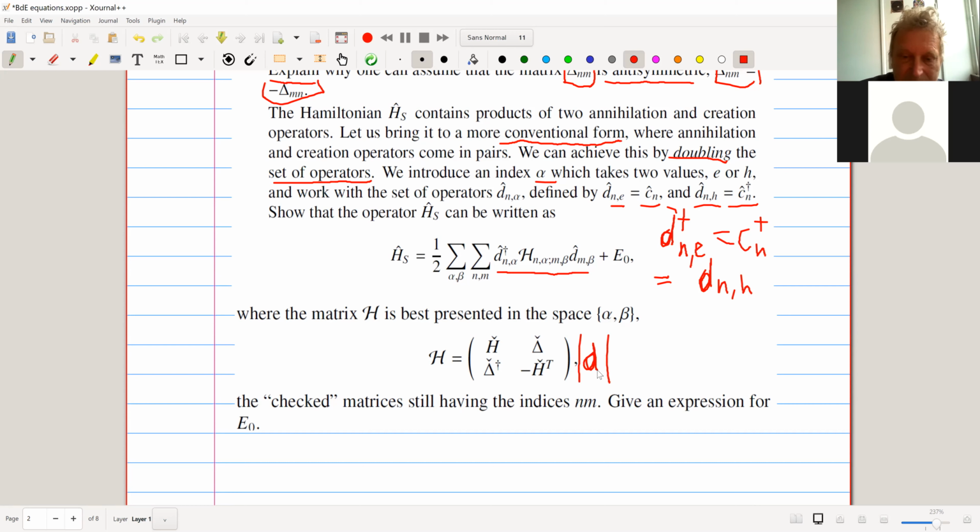That's a vector d, which has two blocks: the electron, the hole, and here I have the conjugated electrons, the conjugated holes.